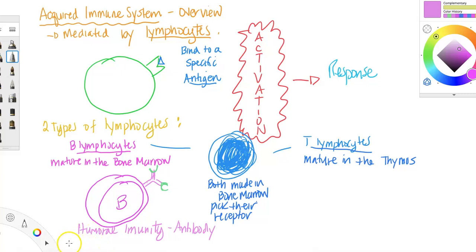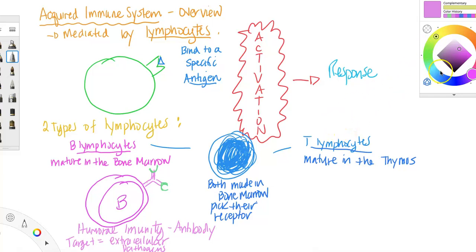The target for B cells are extracellular pathogens. So these are pathogens that are floating around in the blood and other fluids. Okay? Floating around, extracellular.